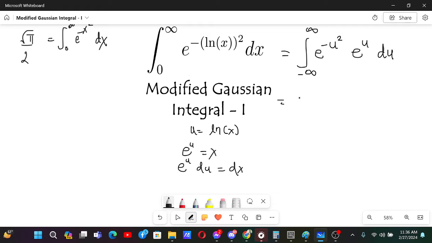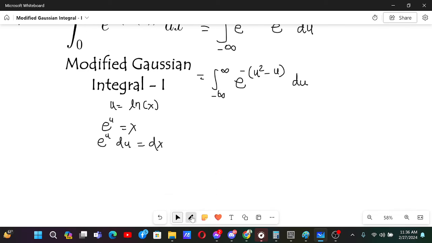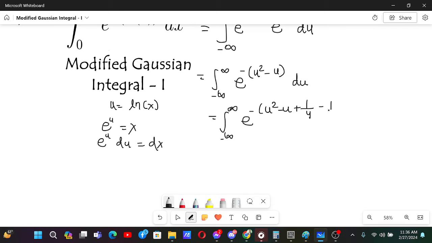Now, in the integral from minus infinity to infinity, we can add the powers. So we have u square minus u, because I have taken minus common, du. Now we can try to complete the square. If we complete the square, we have e to the power minus of u square minus u plus 1 by 4, and then minus 1 by 4 du.